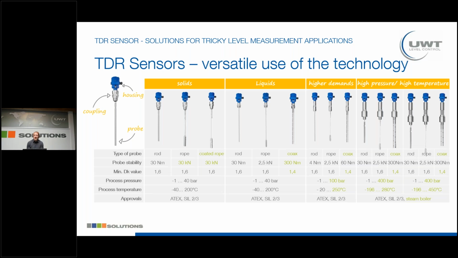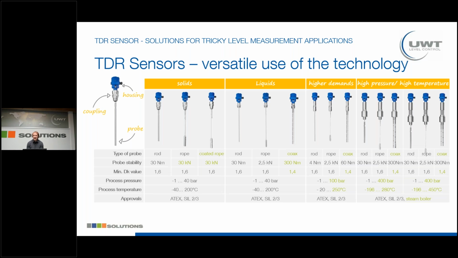And then we have two types of sensors for the higher demands. One middle class, I would say, up to 100 bar and 250 degrees. And on the right hand side, we have the very high class sensors made for high pressures, up to 400 bar, and very high and also very low temperatures.